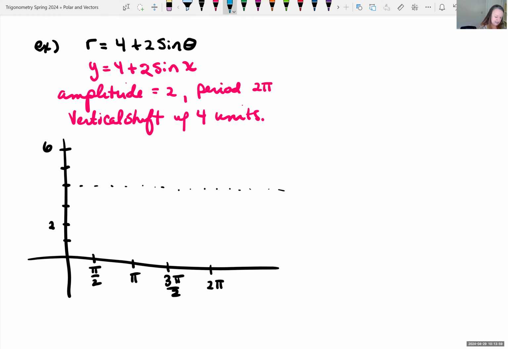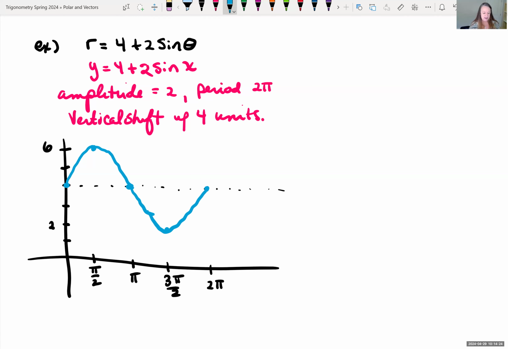And same sort of idea here, except that we're going to be starting at our midway line of 4. We're going to increase until we get pi halves. We're going to hit pi, down to 3 pi halves, and back up to 2 pi. We may need more than one period to get the graph of our polar equation.